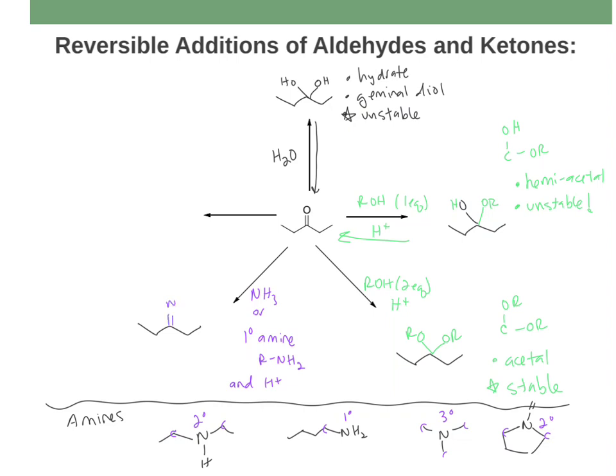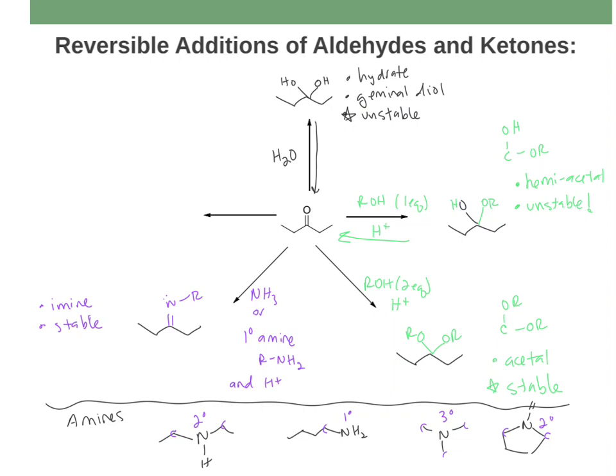So N double bond, and I'll put R here. It would be a hydrogen if you used ammonia, but it would be that R group if you used a primary amine. And this is our imine, I-M-I-N-E. And these are also stable. These can form and you can keep them. You can bottle them up and ship them out, and you find them in drugs, etc. So these are stable. This would be called an imine, where you have a C double bonded to an N.